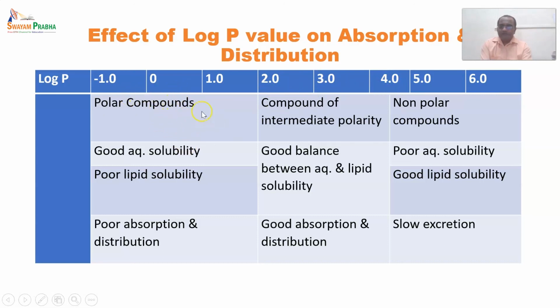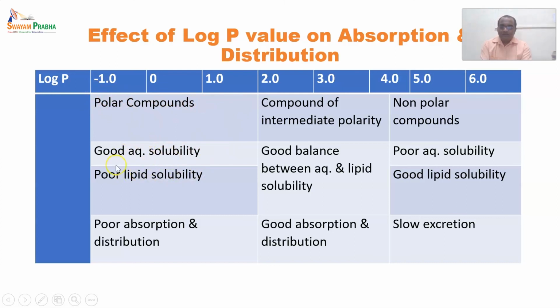When log P values are low, a polar compound will show good aqueous solubility, and at high values it will show poor aqueous solubility because it is lipophilic in nature. So lipophilic over here after 4.5, and hydrophilic over here, from -1 to almost 1.